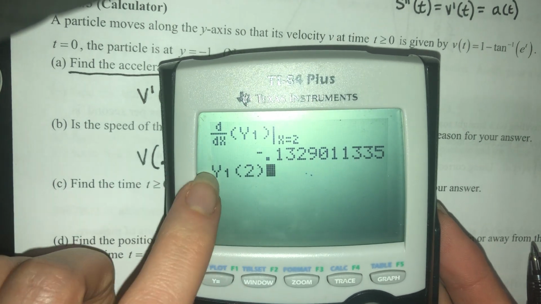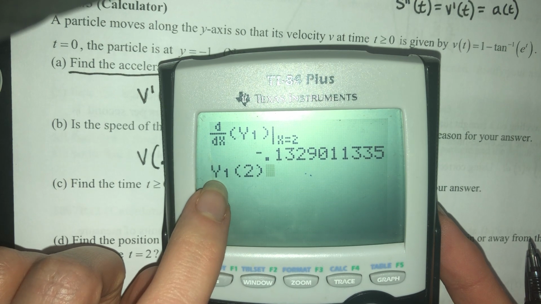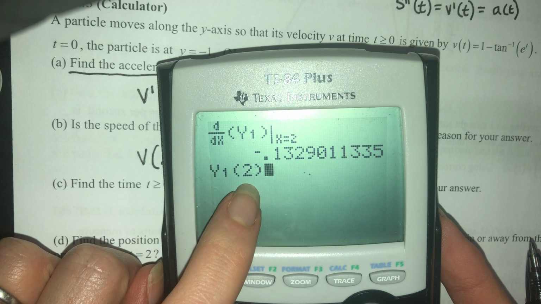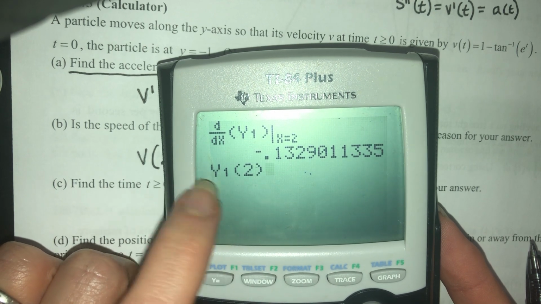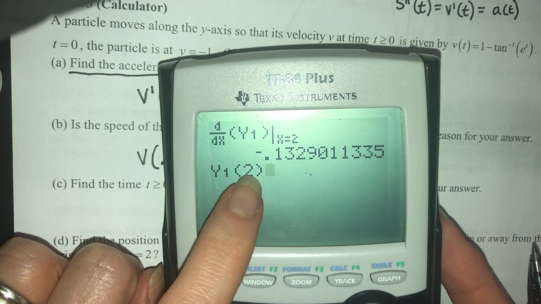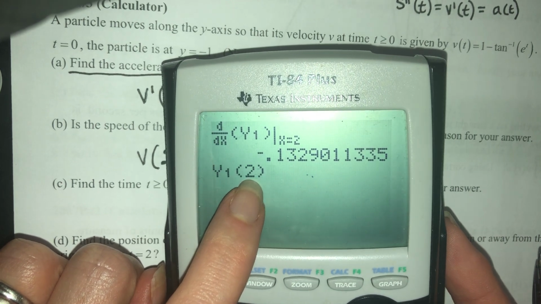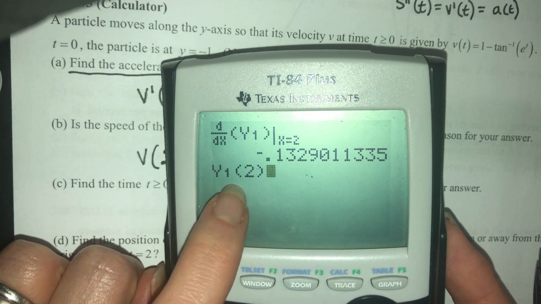When you do a function from your Y1 menu and then parentheses and a number following it, it's like saying f of x, f of 2, or whatever. This notation tells the calculator to basically plug in a 2 for your x or your time here and find the result of that velocity.